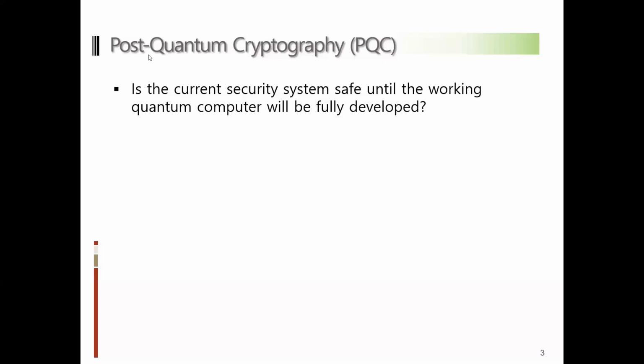So to make secure communication, we need some alternative. Post-quantum cryptography means cryptography for after the quantum computer is fully developed, when we need a new system of cryptography. That's why it is called post-quantum cryptography.